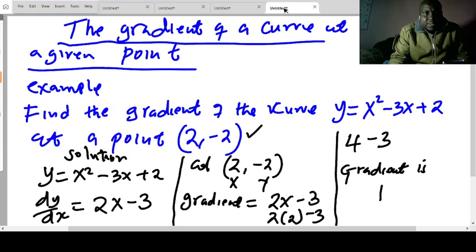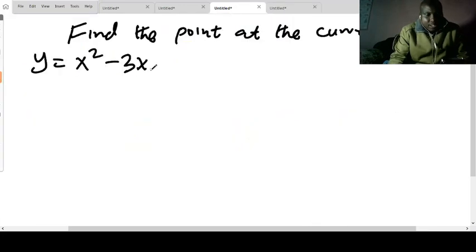Which one did I use here? Oh, there was 2 here. Okay, no problem. x squared minus 3x.